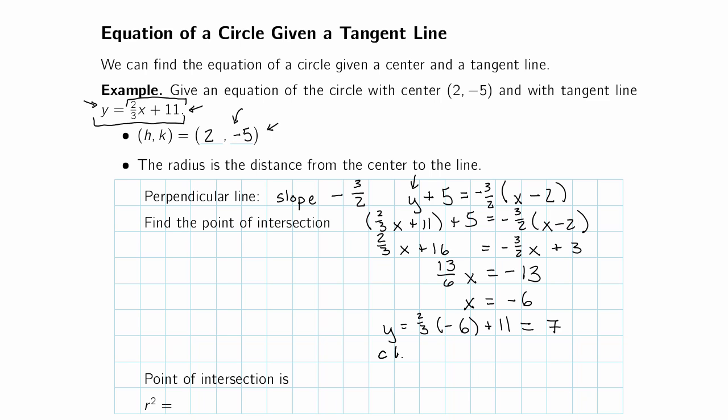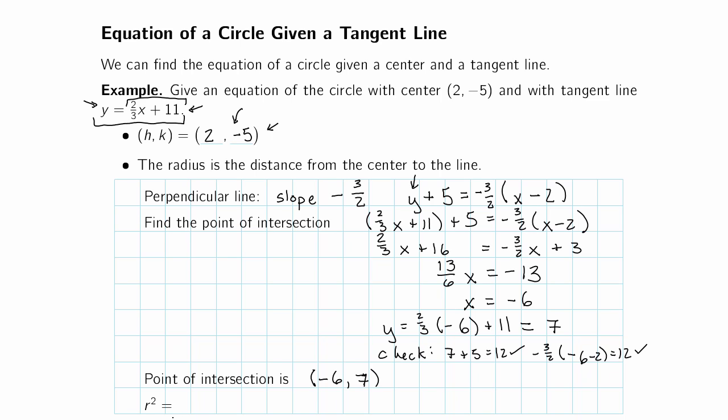We'll check that. 7 plus 5, that's 12. -3/2 times (-6 minus 2), that's also 12. So our point of intersection is (-6, 7).